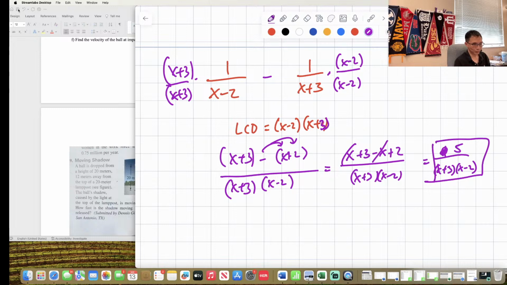In this case, the domain is going to be negative infinity to -3, union from -3 to 2, and union from 2 to infinity. Now, if you have everything FOILed together, are you ever going to see the zeros? So it's always better to leave things in factored form, because factored form can be canceled too, right?